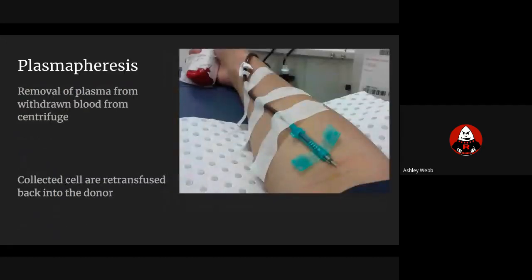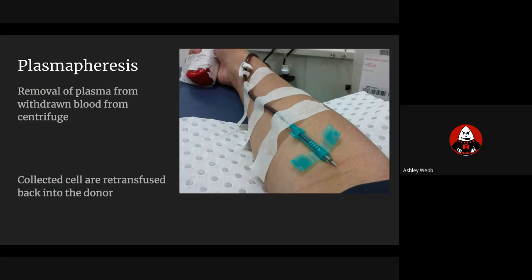Plasmapheresis. If we take the word plasmapheresis, we break it into plasma, which means plasma, and pheresis, which means removal. So it's the removal of plasma from blood that's been removed from our body and put into a centrifuge. Those collected cells are then transferred back into the donor.